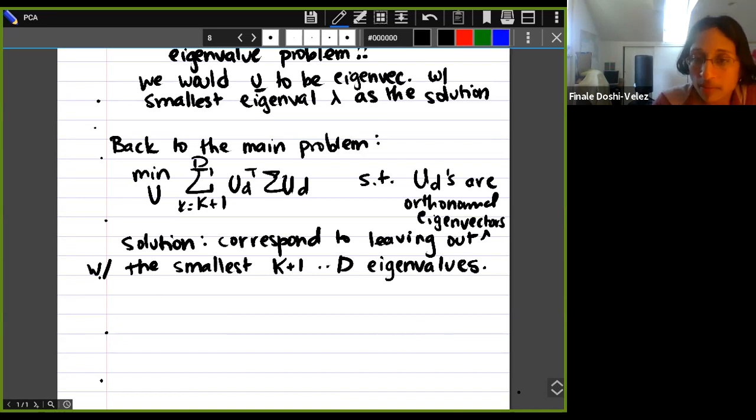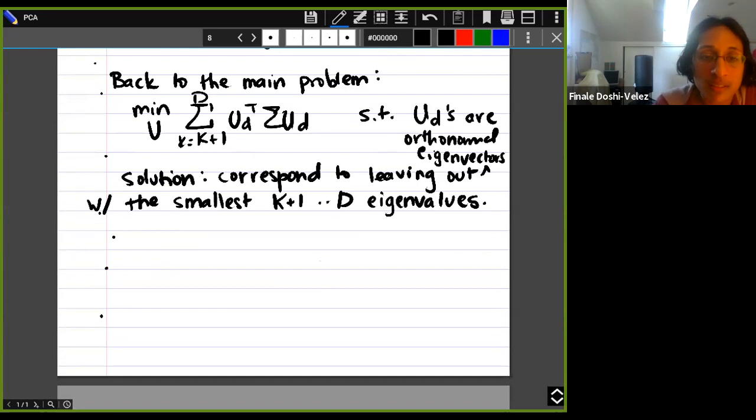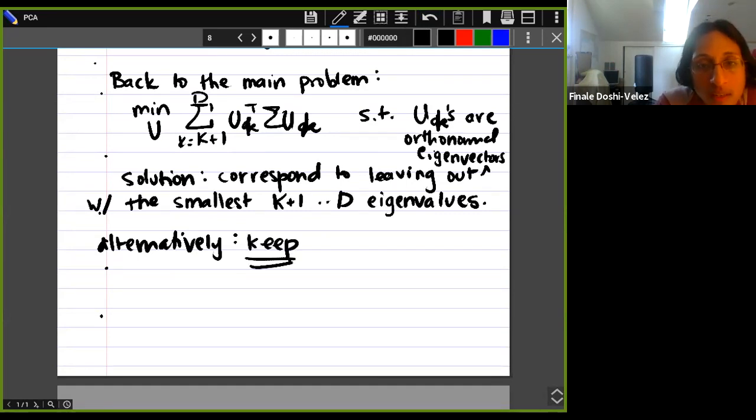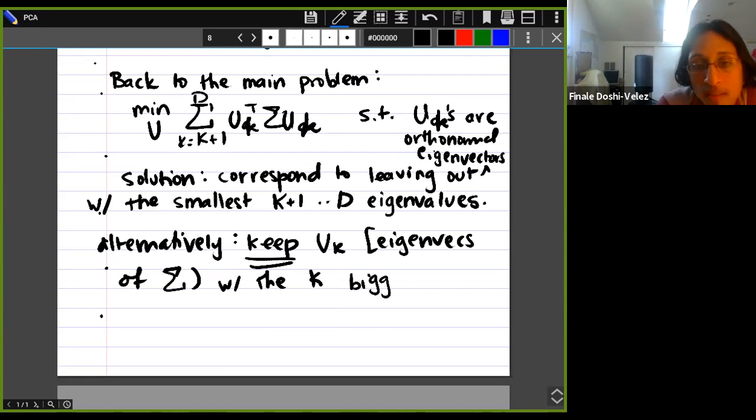I feel like that's a bit of a mouthful. Alternatively, an easier way to say this is that we want to keep the U_k, which are the eigenvectors of the covariance with the K biggest eigenvalues.